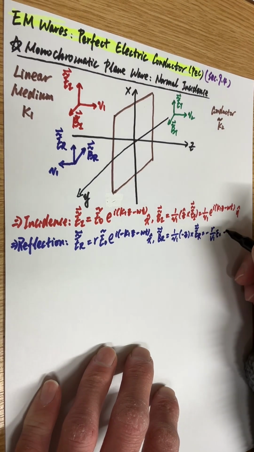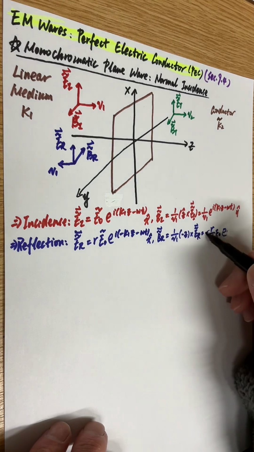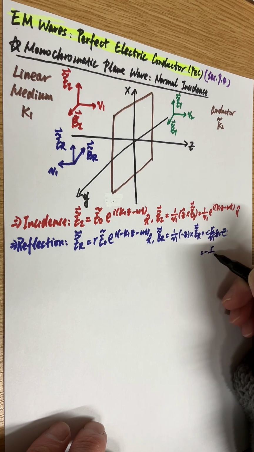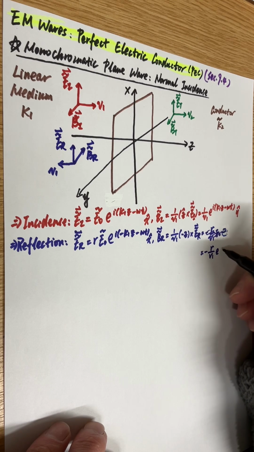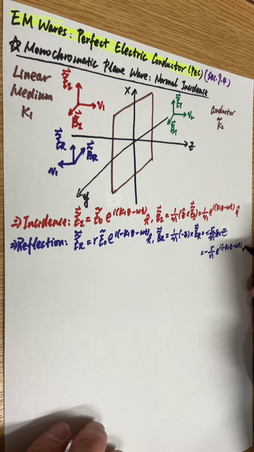So I have E. That's still quite ugly, so I'll just write it here. Minus R divided by V1, and then EI, the same propagation function like this, minus kappa 1 z minus omega t, and then y direction.